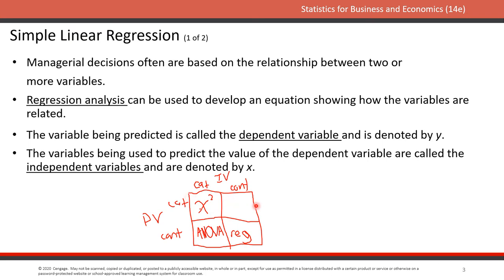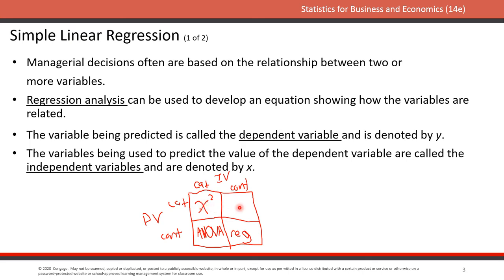That is, we can always go from continuous to categorical, though we can never go from categorical to continuous. So if I had a continuous independent variable and a categorical dependent variable, I could categorize my continuous variable to make it so that I have a categorical independent variable and a categorical dependent variable, and then run a chi-squared if I really needed to do that using the tools in this course.